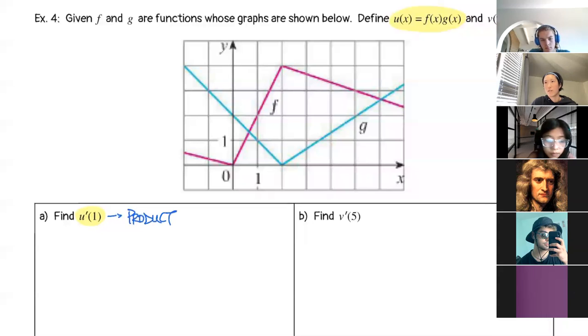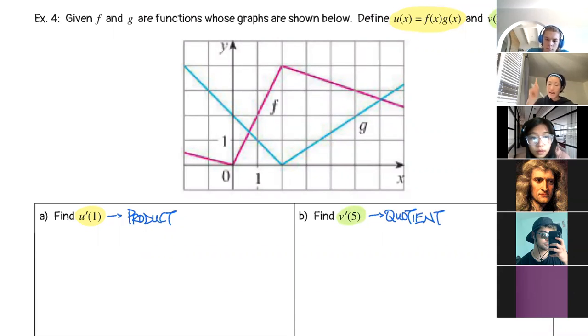Okay. Product. All right. V of x looks like that. What rule am I asking you to use here? Beautiful.